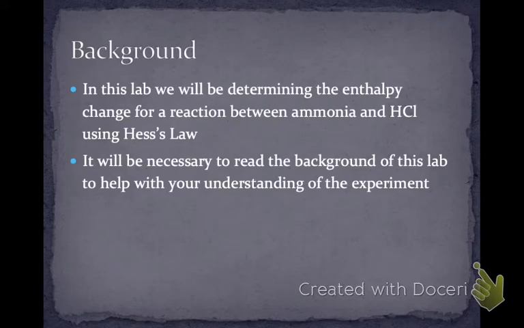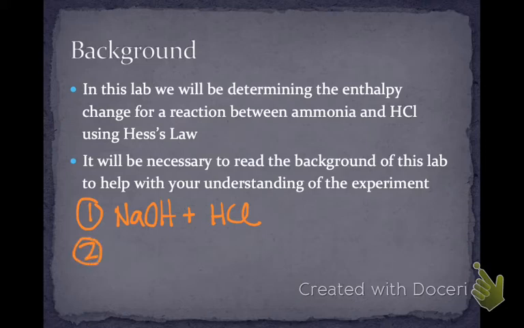So the first reaction that you would be running would be a reaction between sodium hydroxide and hydrochloric acid, and this should look familiar. It's a neutralization reaction, so you know you're going to form a salt and water. The next reaction is going to be with ammonium chloride and sodium hydroxide.